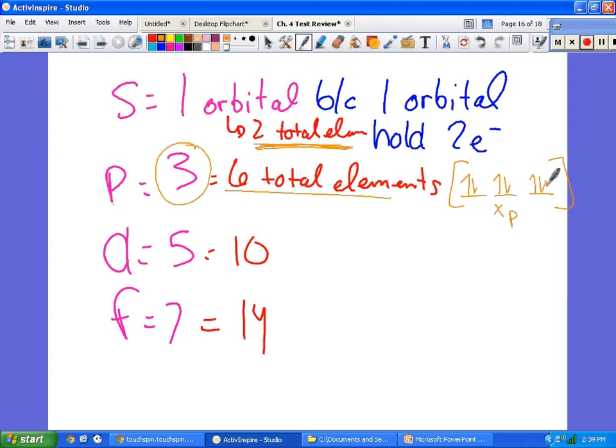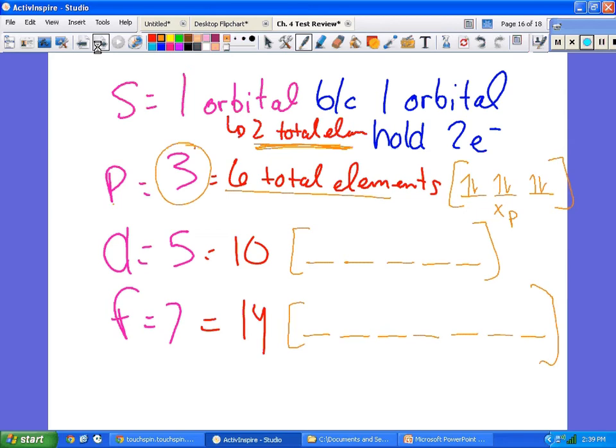Just as D has 5 orbitals, and we could put 10 in there. And F, we never did one of these, but if we had to, we could. It would have 7, and if you did 2 arrows per line, that would be 14 total electrons, and that's how many total elements are in that block.